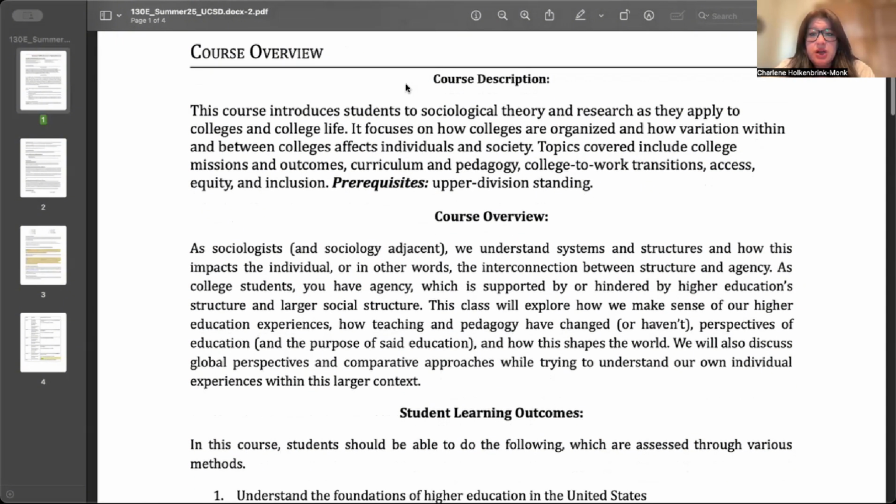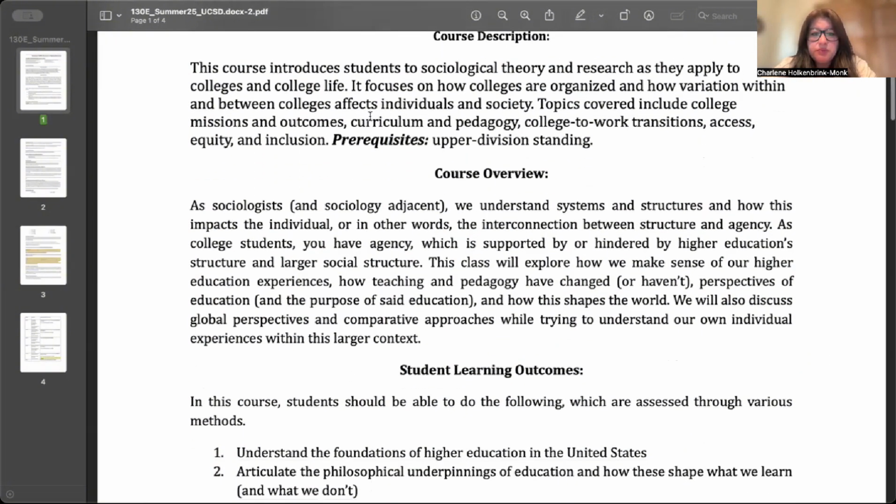The topics include college missions and outcomes, curriculum and pedagogy, college to work transitions, access, equity, and inclusion. So a lot of what we're going to be talking about will have to do with those. The module, for example, won't be listed college to work transition, but we're going to be talking about how folks are affected by that and the underpinning philosophies around that too.